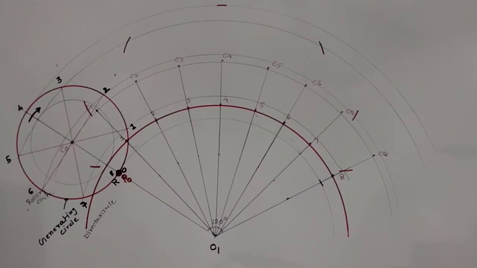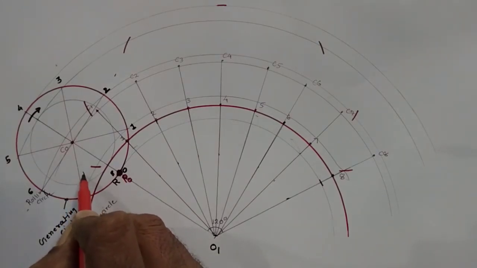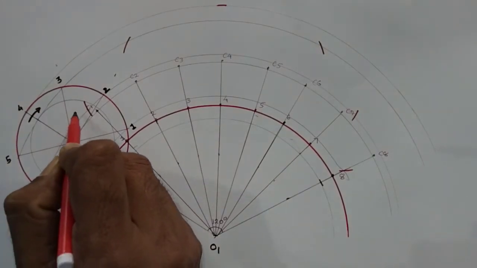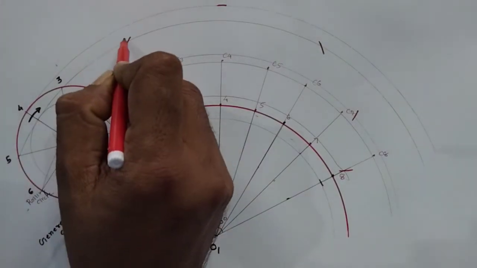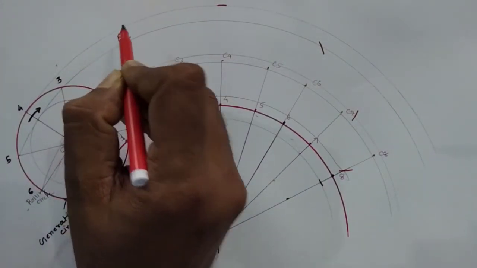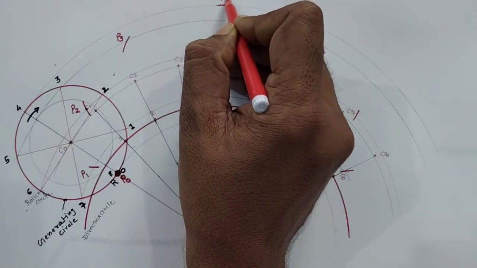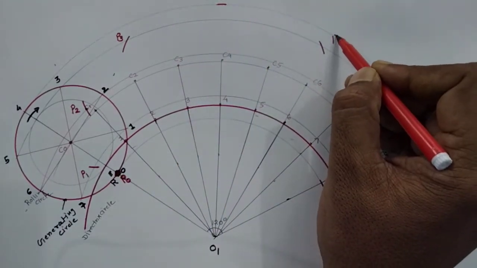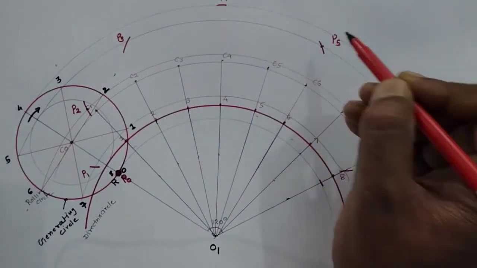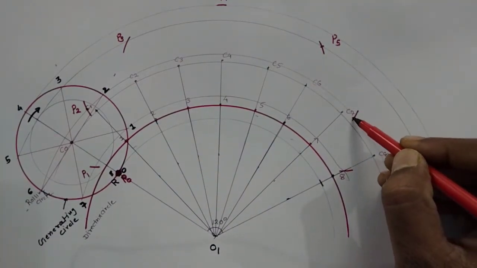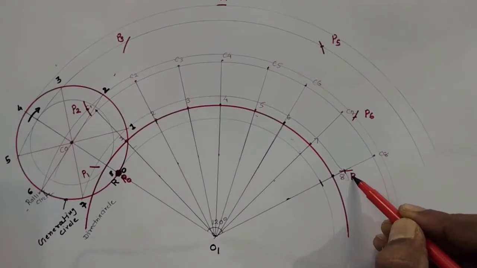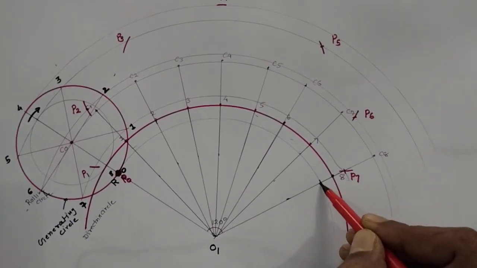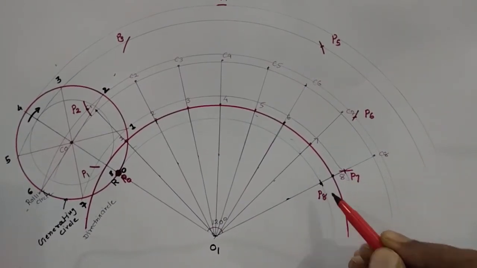So here I want to draw one more circle from O1 to 8 points. On this circle I have the P8 point. I draw it exactly here. Now first we mark all the points. So this is our P1, this is your P2, this is your P3, P4, P5, P6, then P7, and lastly you have P8.